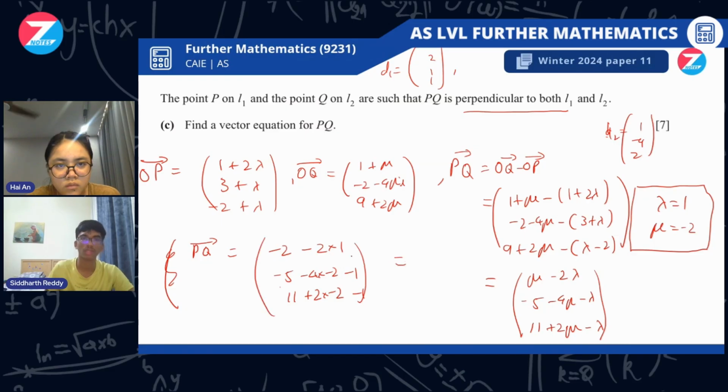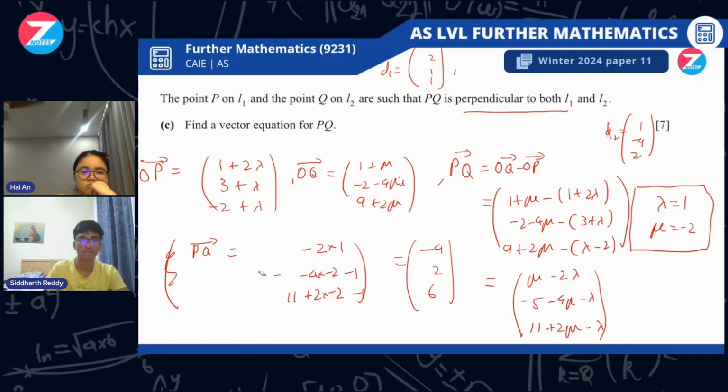So this is minus 4, minus 5 plus 8 which is 3, 3 minus 1 which is 2, and 11 minus 4 minus 1 which is 6.